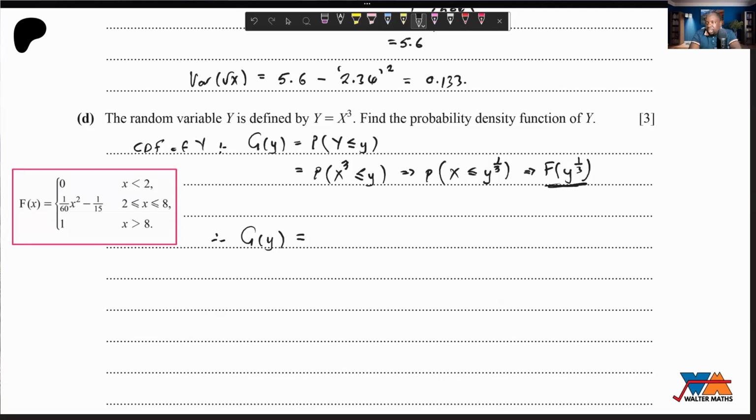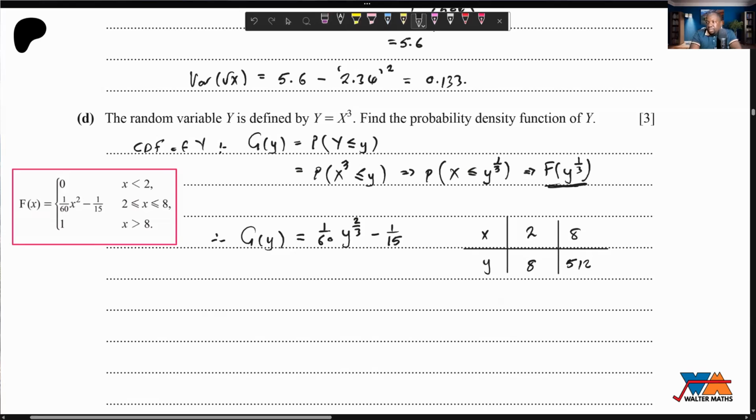So it's just 1 over 60 of y to the power of 2/3, minus 1 over 15. We'll also have to change the limits. The x limits are 2 and 8. And 2 cubed is 8, and 8 cubed is 512. So we have 512 here.